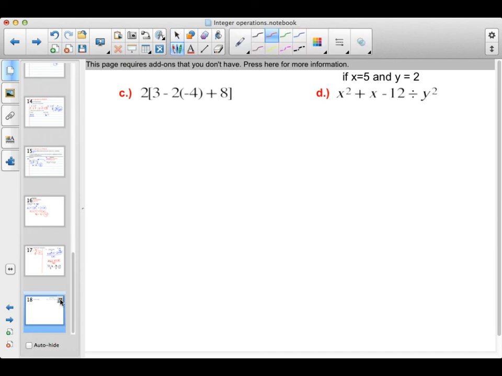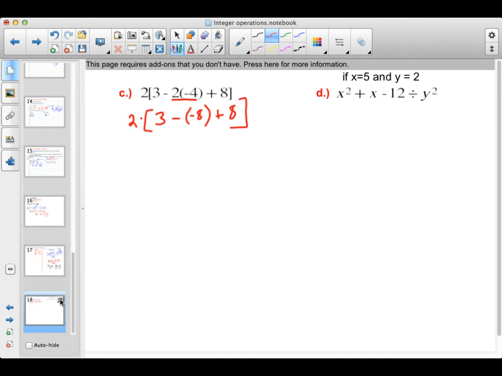All right, we're going to try this. 2 times negative 4. This is a bracket here. This is kind of another grouping symbol. 2 times negative 4 would be negative 8. So inside the bracket, we would have, and on the outside, we'd still have the number 2. 3 minus a negative 8 plus 8. Close the bracket.